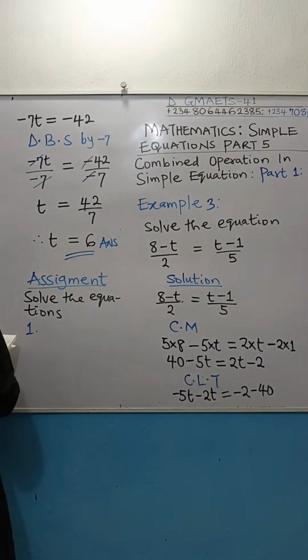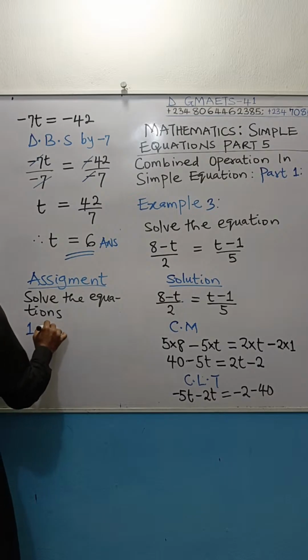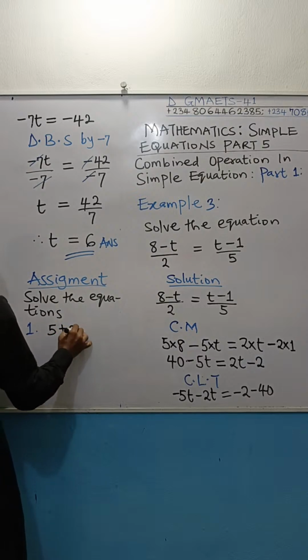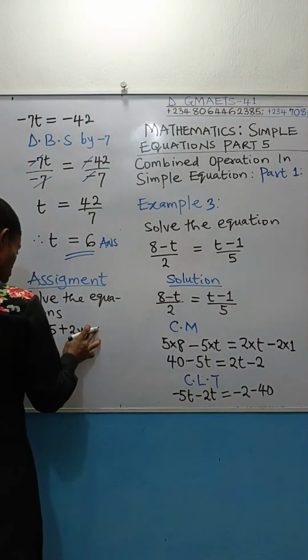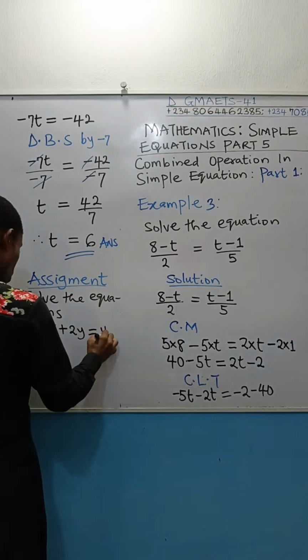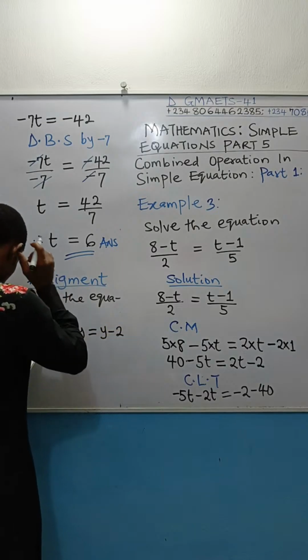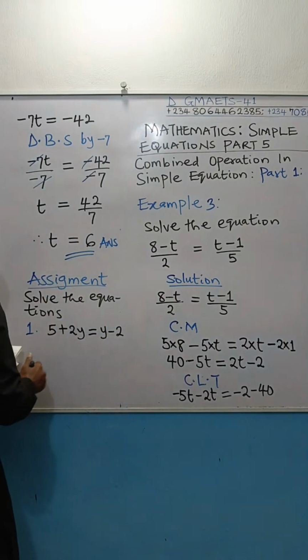Okay, so we have, let's say, 5 plus 3y equal to y plus 11.